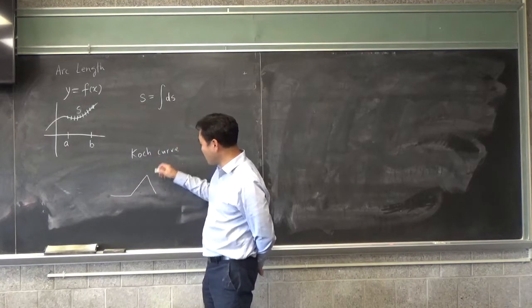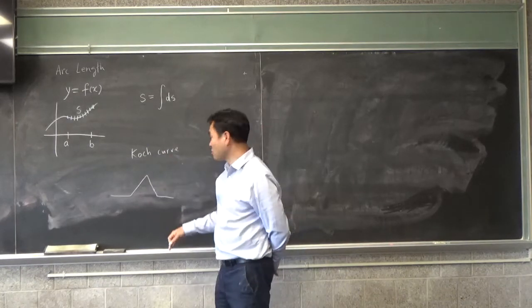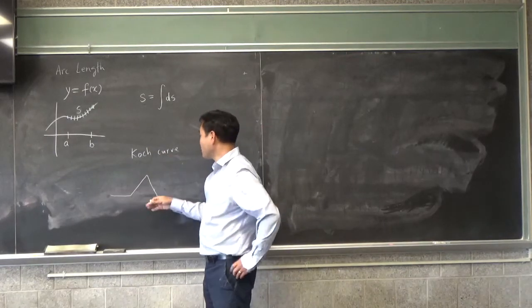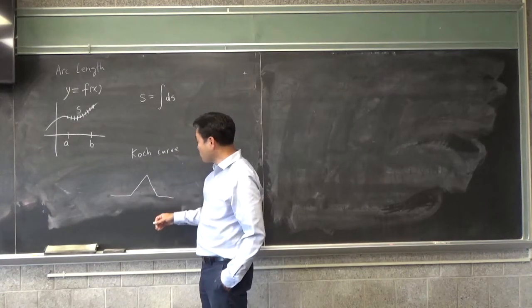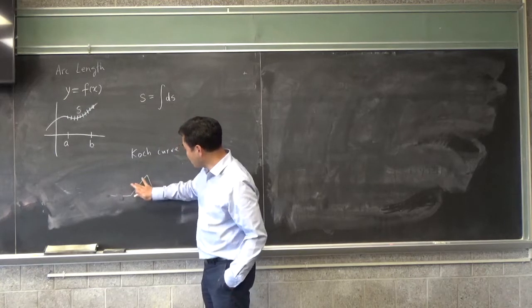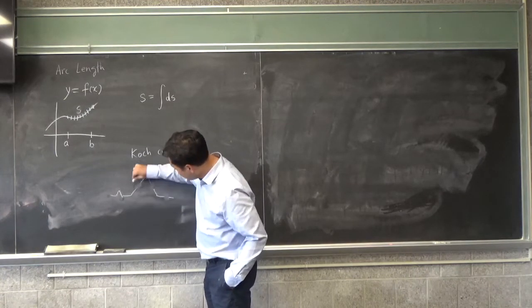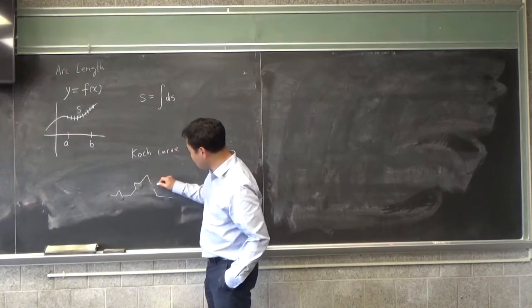Don't write this one, by the way. It's just a little thing I'm throwing in. It's not the main lecture. But what does the Koch curve do? You start with one generation, and then you divide it into thirds, and you put the same kind of picture that you started with.